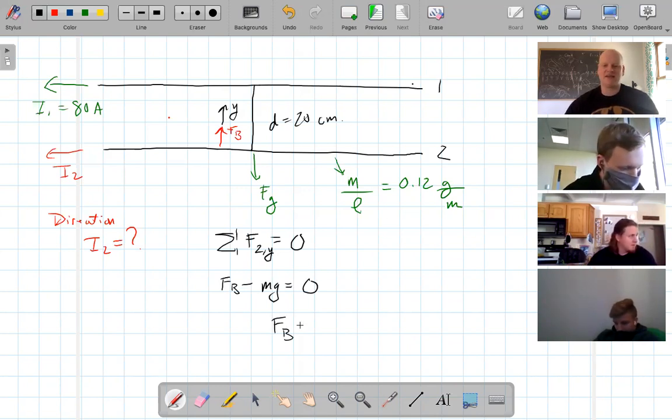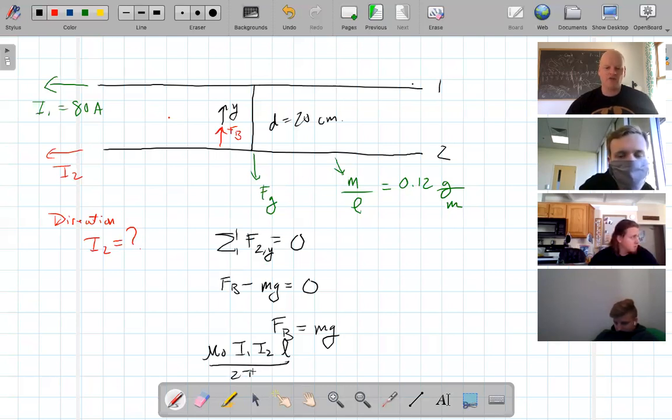So this tells us that the magnetic force must be equal to its weight. Now, the magnetic force has to be equal to mu naught times current I1 times current I2 times the length divided by 2 pi d, and that must all be equal to simply mg.